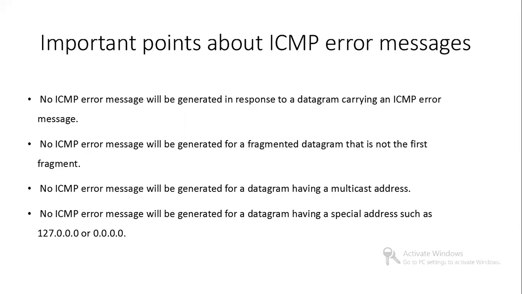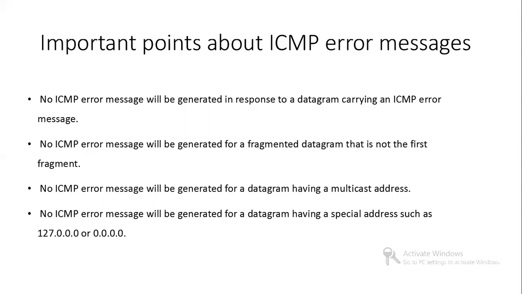Third, no ICMP error message will be generated for a datagram having a multicast address. And the fourth is no ICMP error messages will be generated for a datagram having a special address such as 127.0.0.0 or 0.0.0.0.